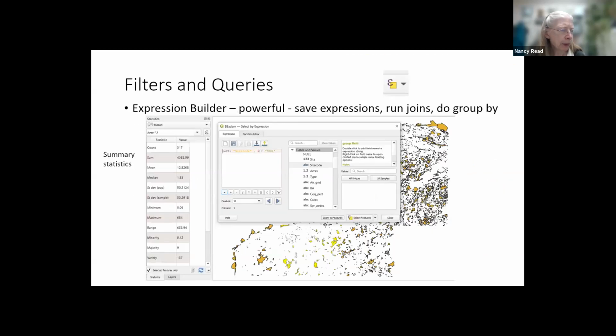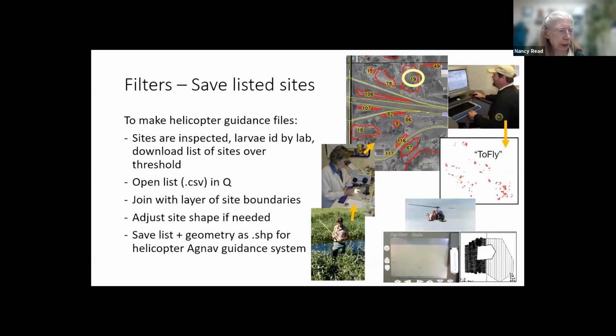And we ended up using that for one of our most frequent tasks, which is taking the inspection and the lab identification information that's in our database and using that to select the sites that then are stored as a shapefile and given to the helicopter so that the helicopter pilots can see where they're working and see what they've done.